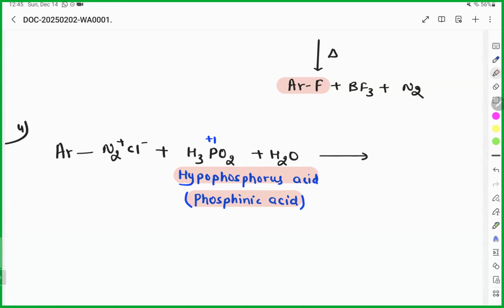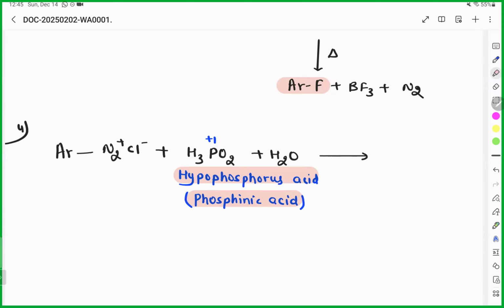Yes or no? Now, Parinder, if it is in +1 oxidation state, it will try to increase oxidation state or decrease? Increase. Though both possibilities are there, phosphorus can show -3, +5, but plus oxidation state is more common in phosphorus. That's why increase. How?